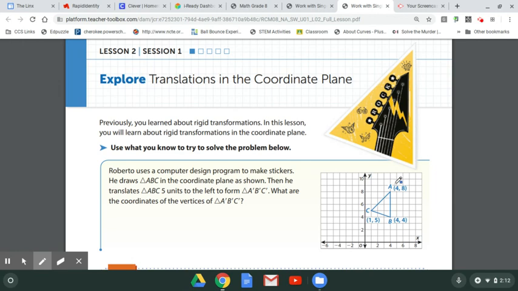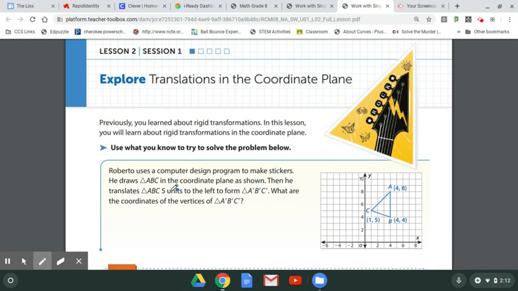A zero is kind of like nothing, and a zero also kind of looks like an O. So I think of this as the original, having a zero there for original, and this is like one for the first remake. It's just how I remember that this one is the original and this is the remake. Because this is called the image and this is called the pre-image. But I just wanted to clear that up.